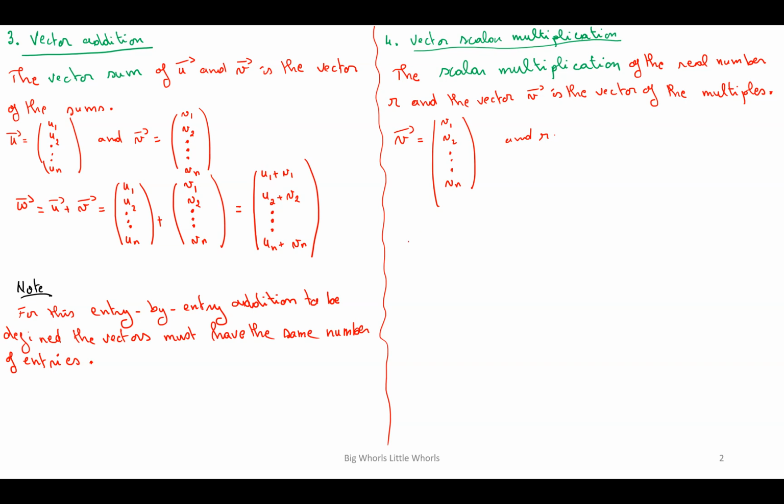The scalar multiplication w, which is equal to r dot v, is going to be equal to r multiplied by v, which is an entry by entry operation, equals r v1, r v2, r vn. Okay, so that is it.